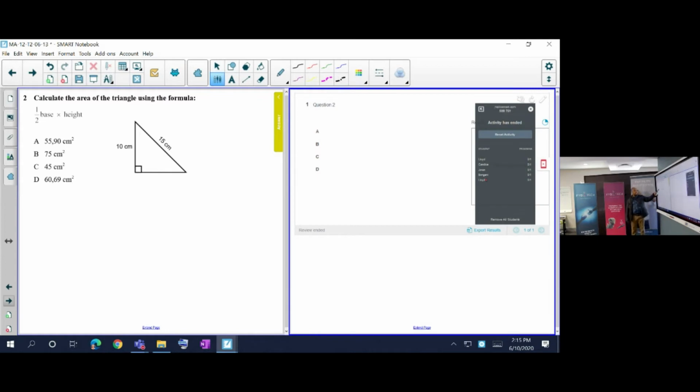In this case, you don't have an angle in between, which is shown. But how do you work out the area of this triangle? So I'm going to give you a few seconds again to work on this particular exercise.